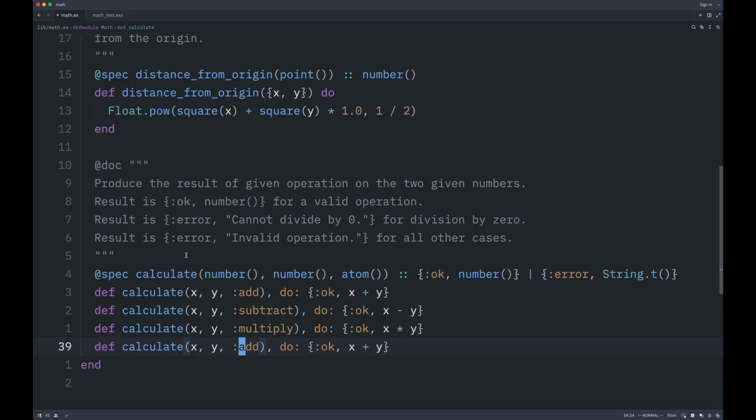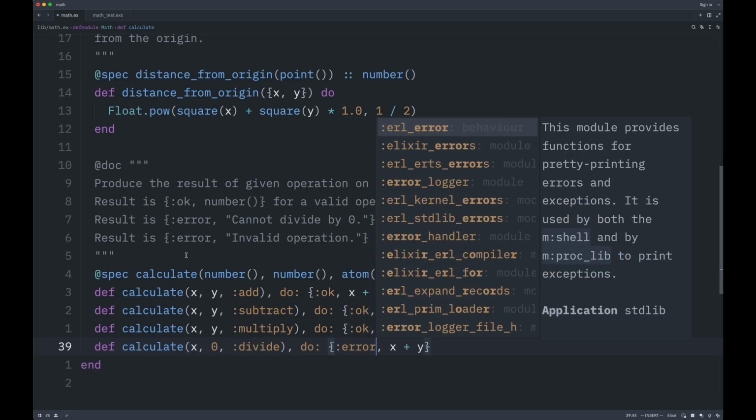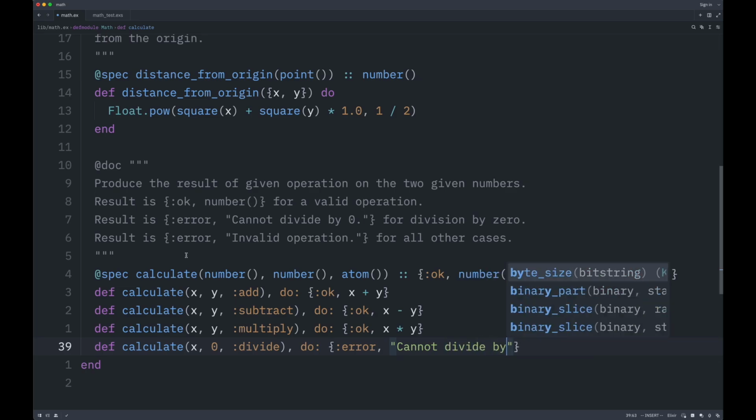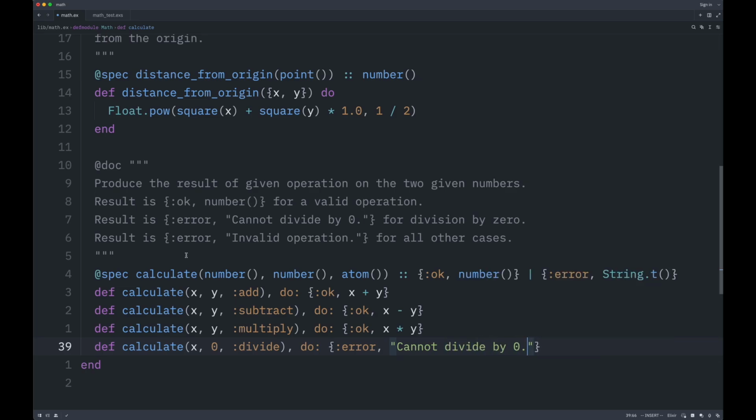And now we are going to check for the failure case, right? So we're going to say if it is 0 and we are dividing, if the second value is 0, so we're going to produce error, and from the purpose statement we are going to say cannot divide by 0.